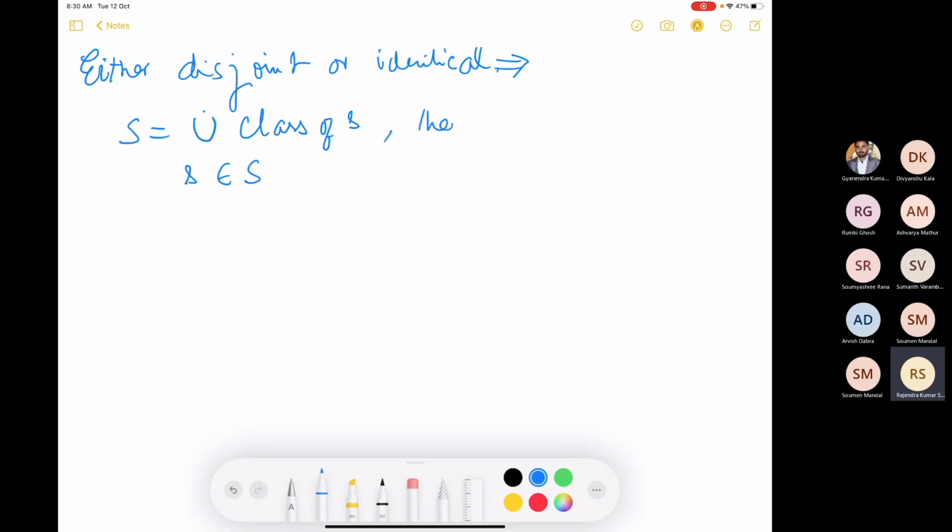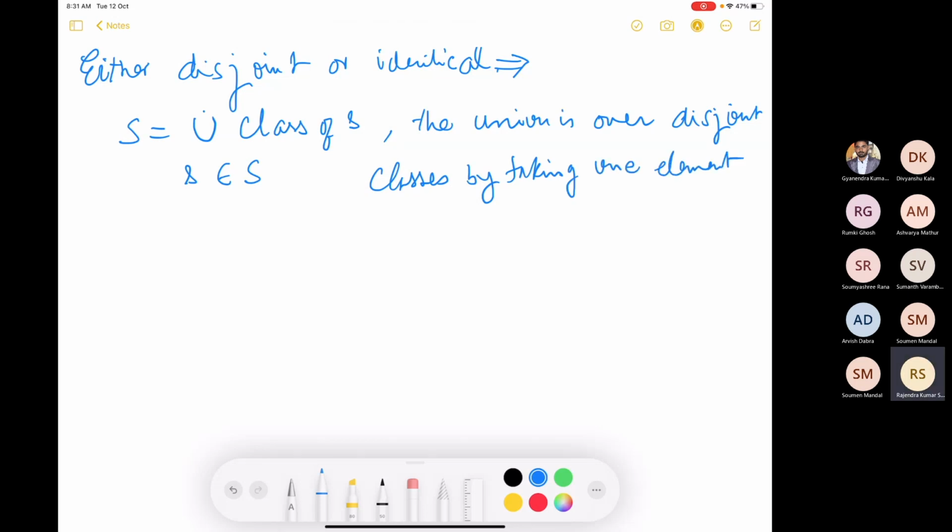So the union is over disjoint classes, taking exactly one element from each class.